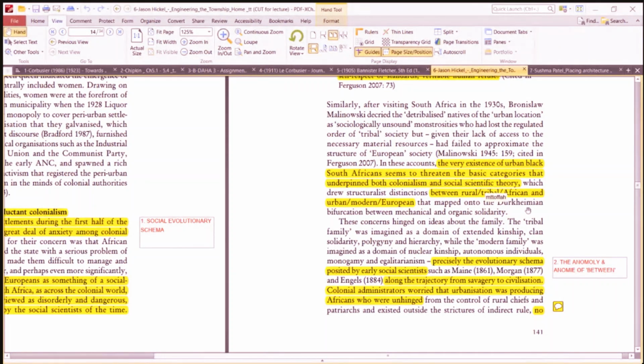Do you understand? It's a social evolutionary misfire. It's evolution turned on its head. It's the rural people coming to the urban, the tribal people coming into the modern space, the Africans wanting to be next to the Europeans. What on earth is happening here? We need to manage the situation. This is what Jason Hickel is saying.